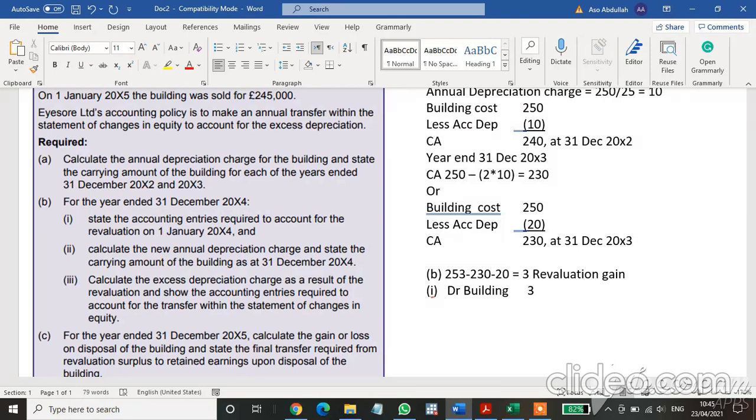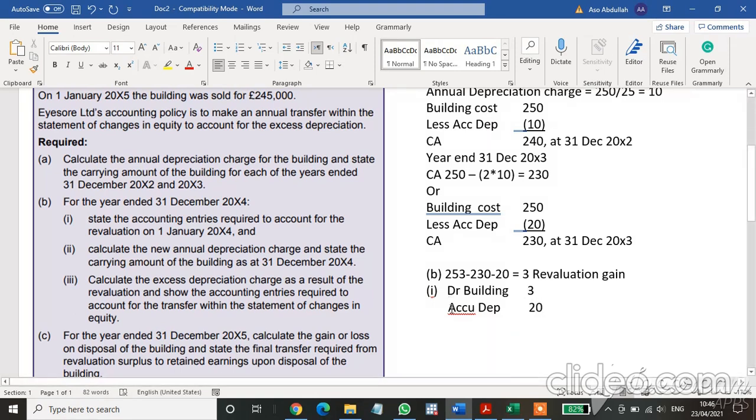On the debit side again, accumulated depreciation is going to be on the debit side, which is so far the total depreciation of 20.